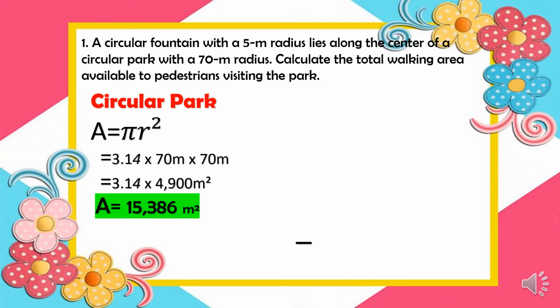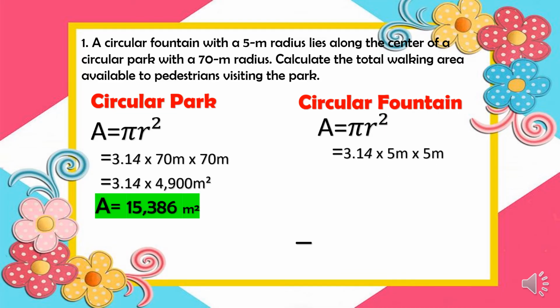15,386 square meter. Now, kunin naman natin yung circular fountain which has a radius of 5 meters. So again, we will be using A equals pi r squared. So let us now substitute: 3.14 times 5 meters times 5 meters.